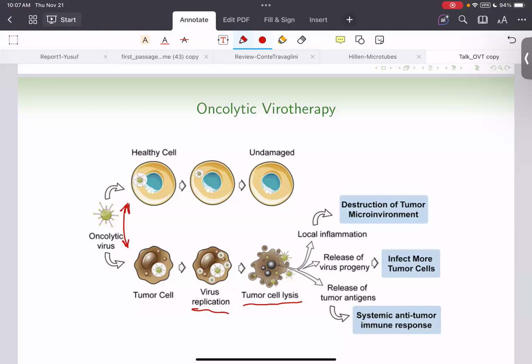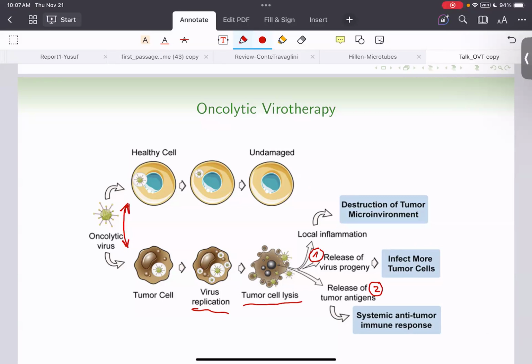Let me just see in which order I want to look. So this is one, maybe the first effect, a release of new virus particles infecting more tumor cells. This is exactly what we want. The second one is release of tumor antigens. So antigens are markers, right? And even depicted here, the infected cells look more brownish than the healthy cell, which looks like a healthy tan.